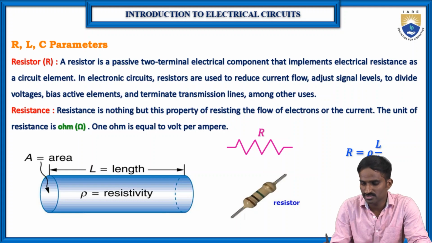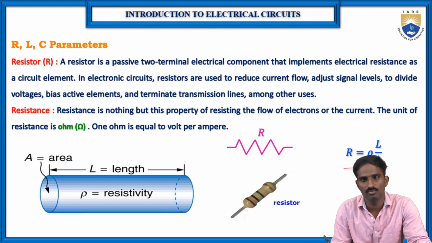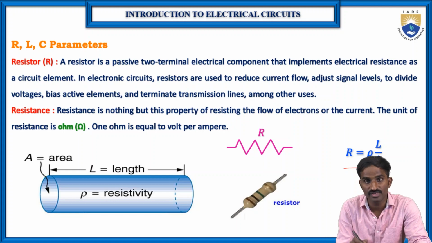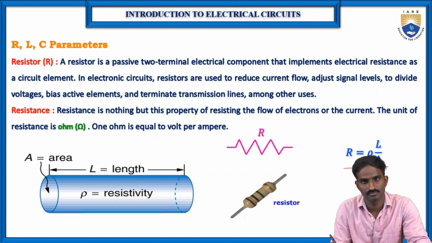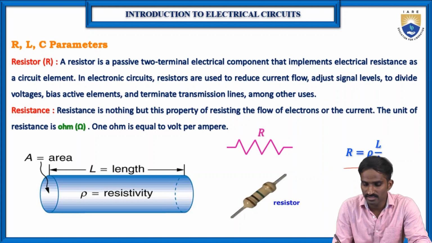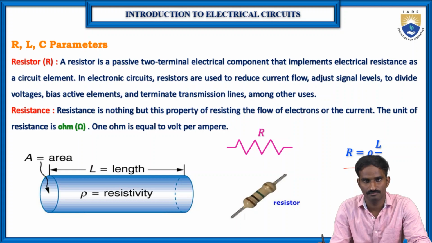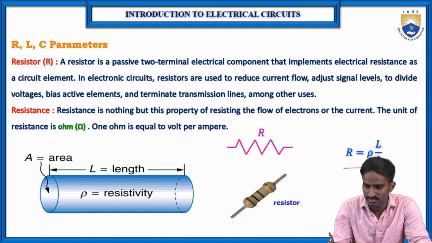That's why you can see R is equal to rho into L by A. Rho means the resistivity of the material, the type of the material which we are using, A is the cross sectional area, and L is the length of the resistor. So the resistance of the resistor depends on the length and area of the resistor. And usually the resistor symbol is like this.